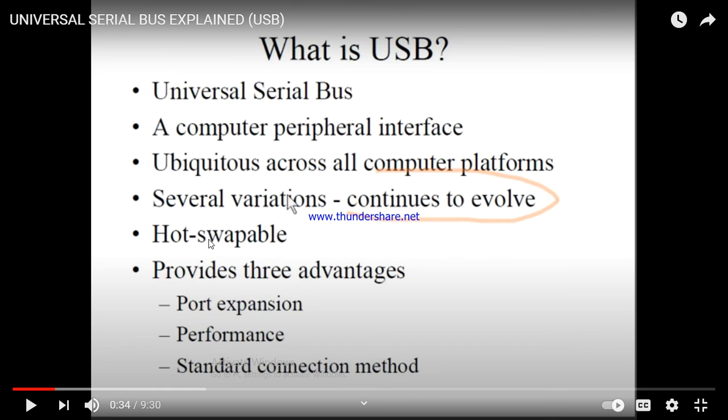Hot swappable. This is one of the best properties of USB, Universal Serial Bus. Hot swappable. What does it mean? It means that without giving any kind of intimation to any device, we can plug the USB into the computer, or we can remove the USB without giving any intimation to any device.